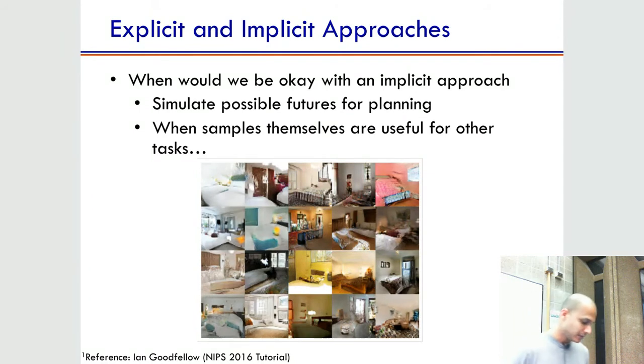So when should we be okay with having an implicit approach, where there is no explicit density function like a mean and a variance, but just some object where you start with some randomness and get some sample? It's useful if you're doing some sort of scenario-based decision making.